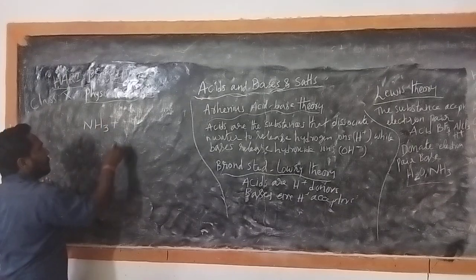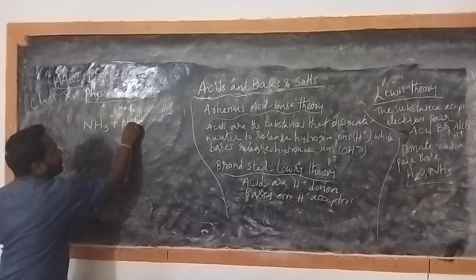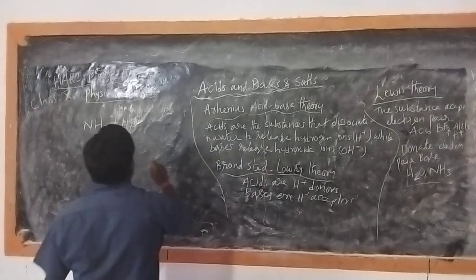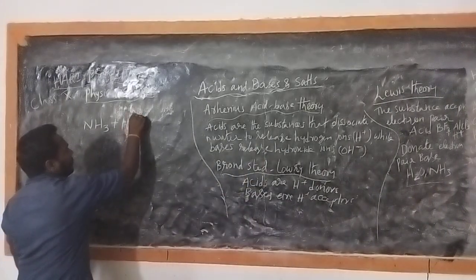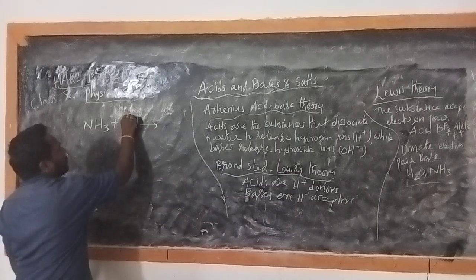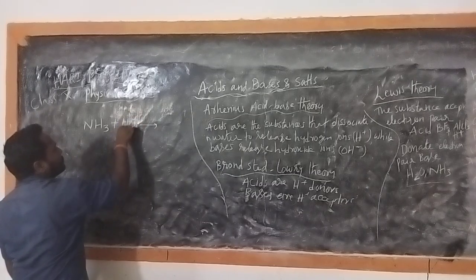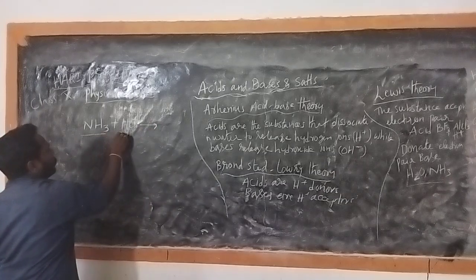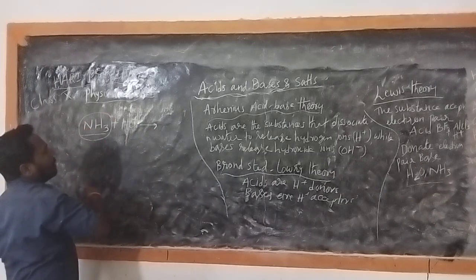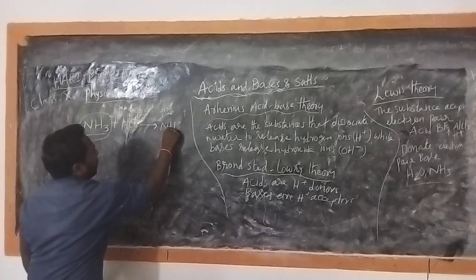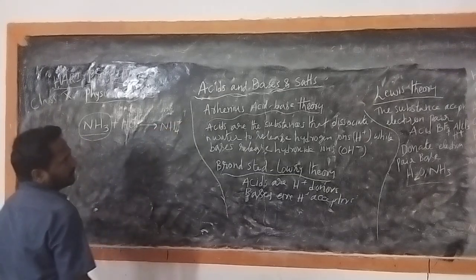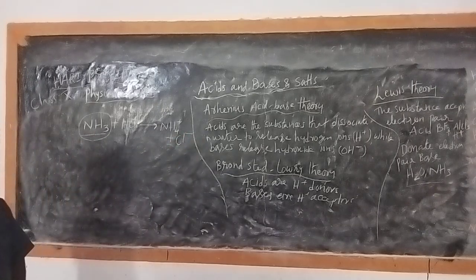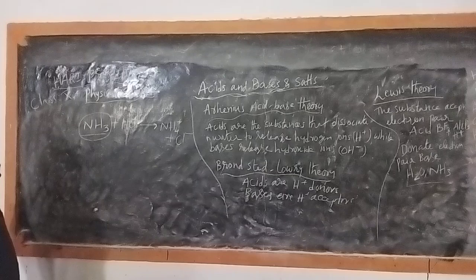If ammonia is combined with water or HCl, HCl gives the proton. This proton is accepted by ammonia and forms NH4 plus and Cl minus.